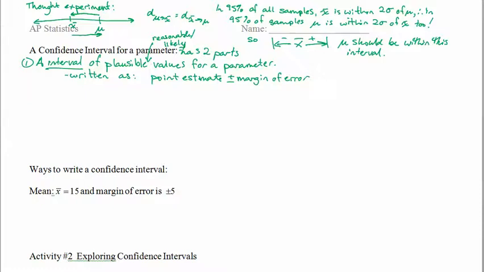So margin of error, you probably have an idea of what that means. It tells us how close the estimate tends to be to the parameter.